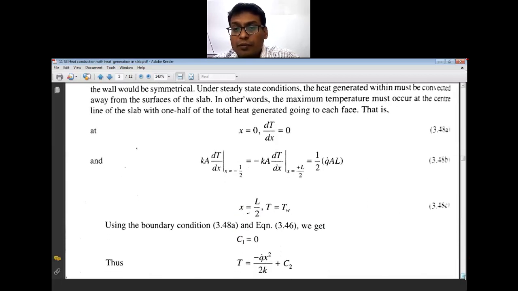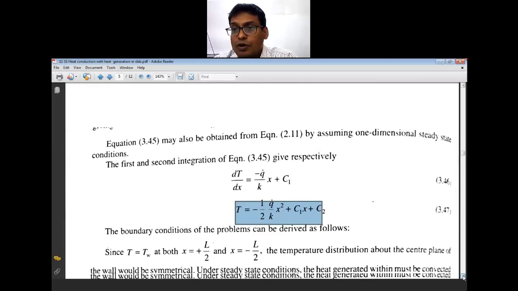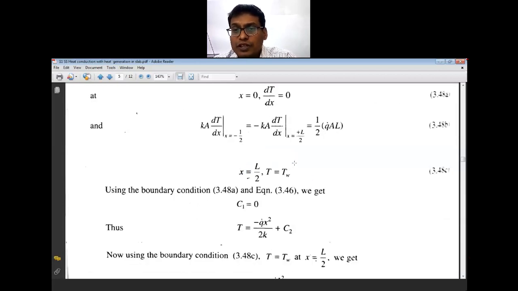So C1 will become equal to 0. This is at x equal to 0: the change dT upon dx becomes equal to 0, so C1 is equal to 0.